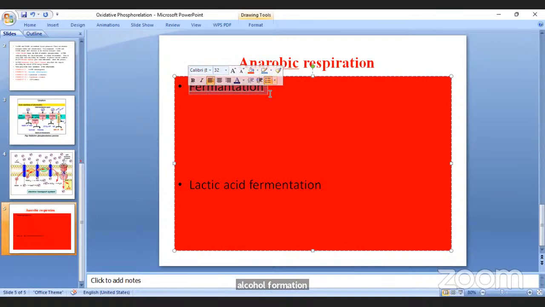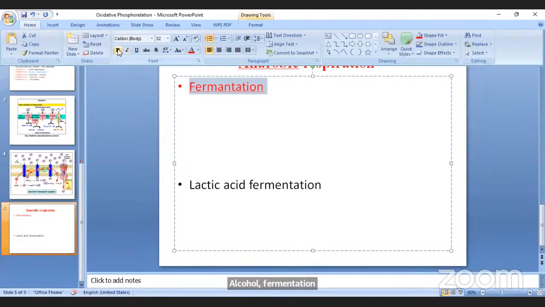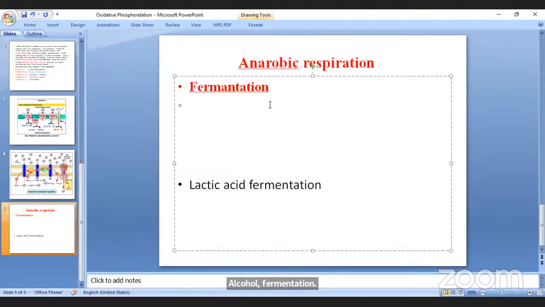Do you know the formation of alcohol? Alcohol fermentation. What is the substrate of alcohol fermentation? Pyruvic acid.